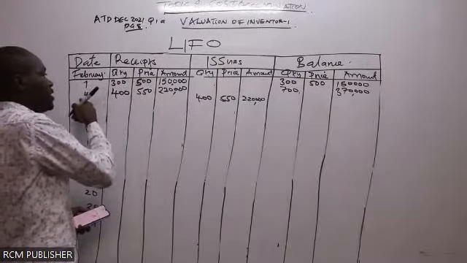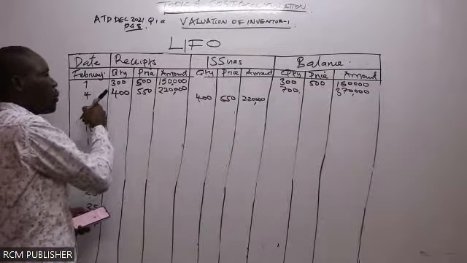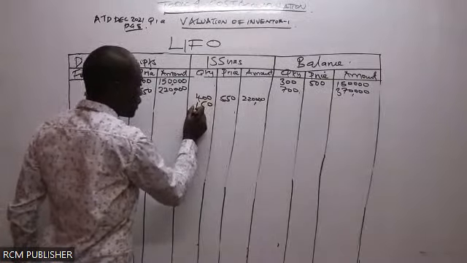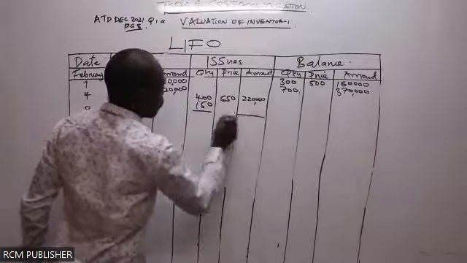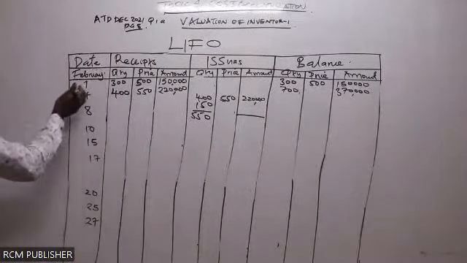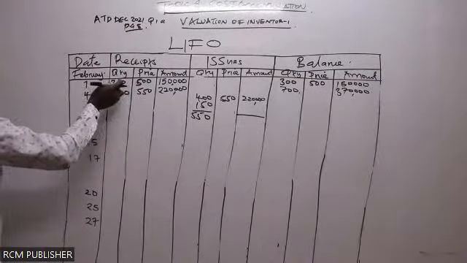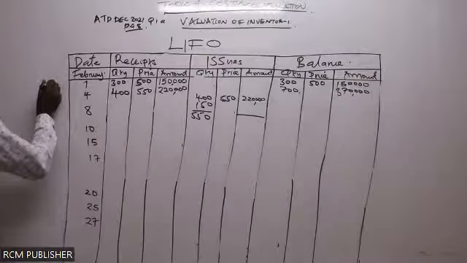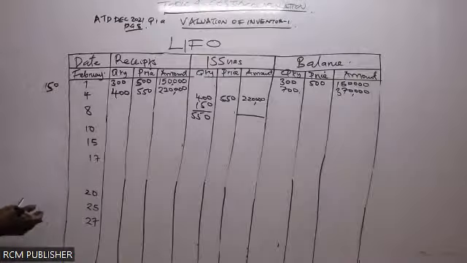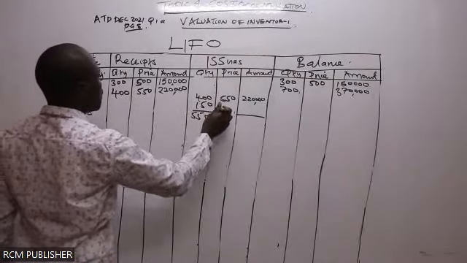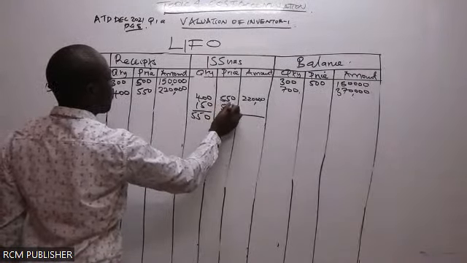I've depleted the latest stock, but my total should still be 550. So to maintain the total at 550, I must pick from the other stock. If I take 150 from 350, my balance will remain 150. That 150 is still there untouched. So the 150 I'm taking to make it 550 was brought in at 500.